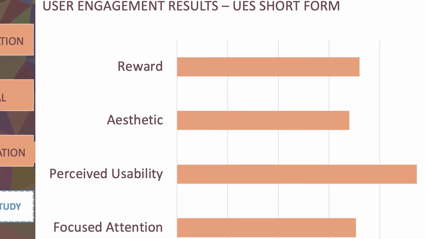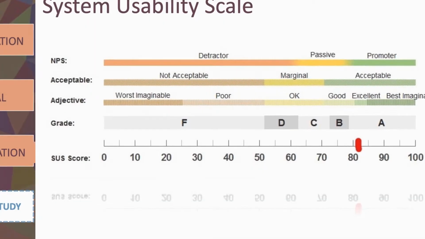The same was for user engagement, in which four dimensions were measured, and in this case the maximum score is 5. As you can see, the pupils felt rewarded by the use of the application. The aesthetic was appreciated, also the perceived usability, and they focused their attention during the game, so they were not distracted by the gaming.